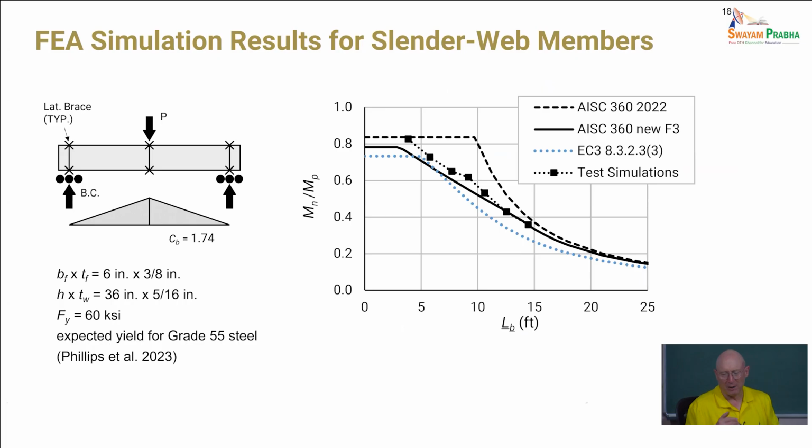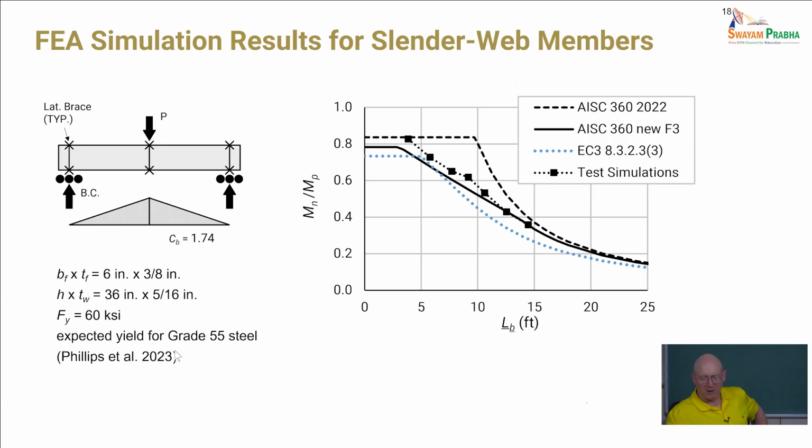So this shows results for essentially a metal building type girder section. So it has 6 by 3/8 inch flanges and a 36 by 5/16 inch deep web.